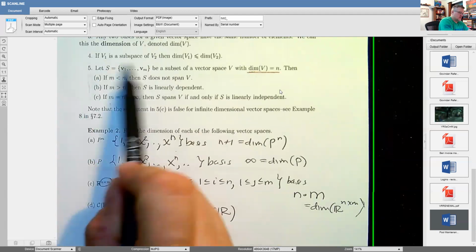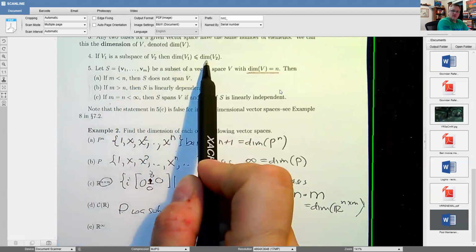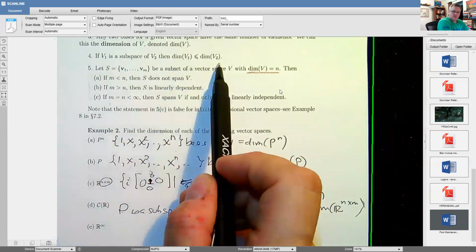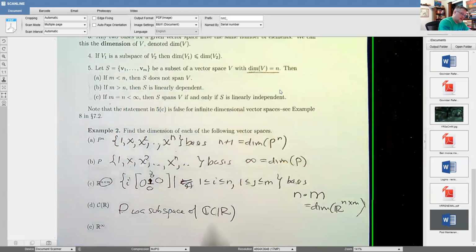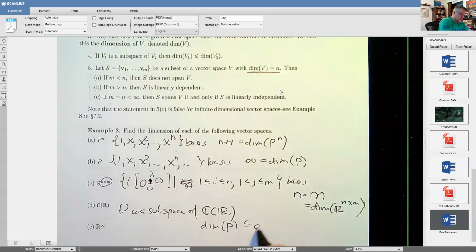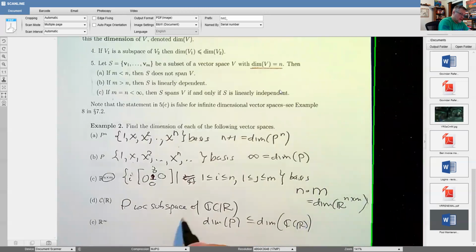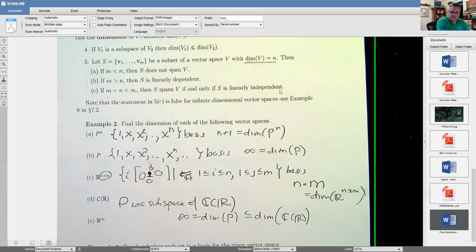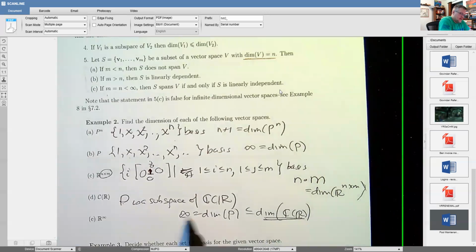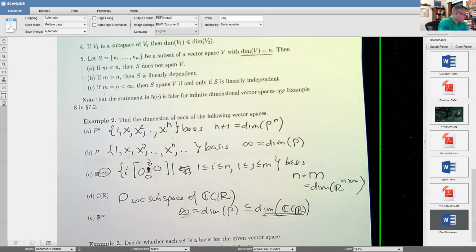If V is a subspace of V2, then the dimension of the one inside is smaller than or equal to the dimension of the other guy. And so we know the dimension of P is less than or equal to the dimension of C of R, but we already know the dimension of P is infinity. And so this guy has to be infinite as well.